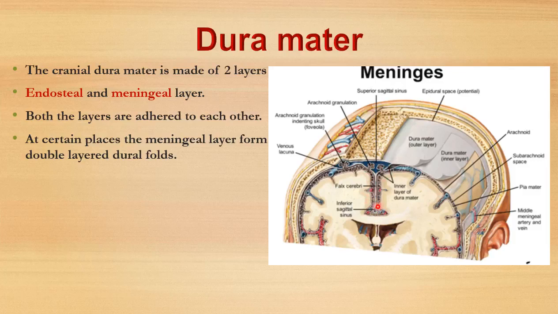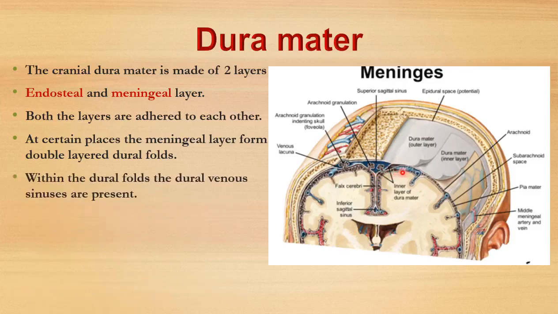So this is the falx cerebri which you are able to see here. The other dural folds are falx cerebelli, tentorium cerebelli, and diaphragma sellae, and there is also one covering around the trigeminal ganglion which is called Meckel's cave.